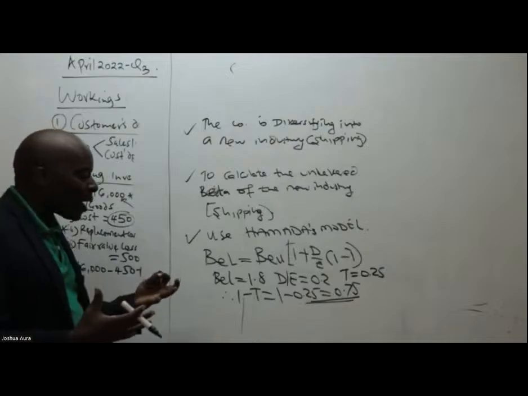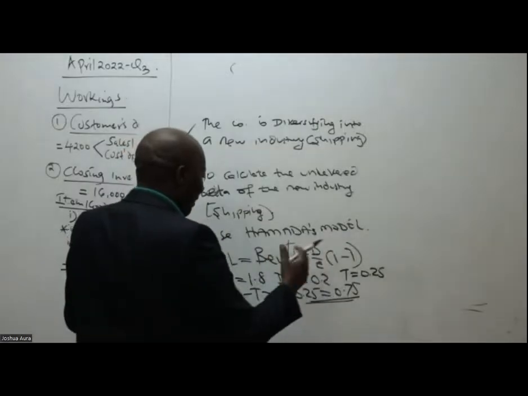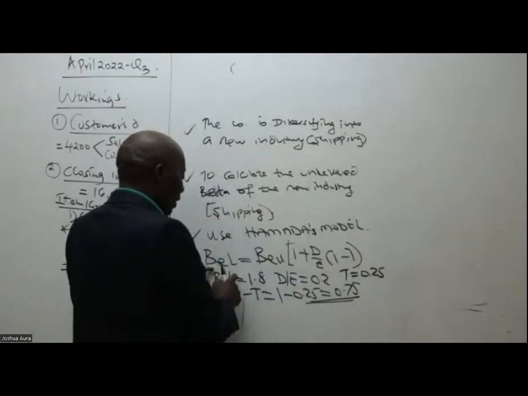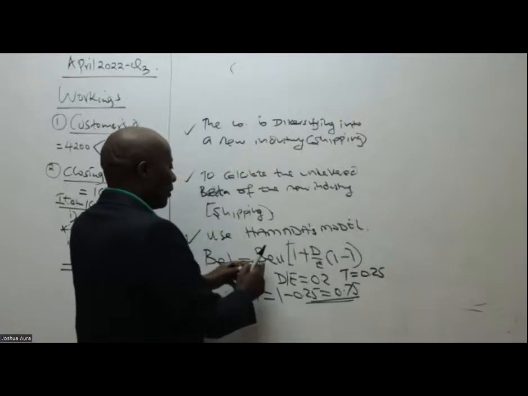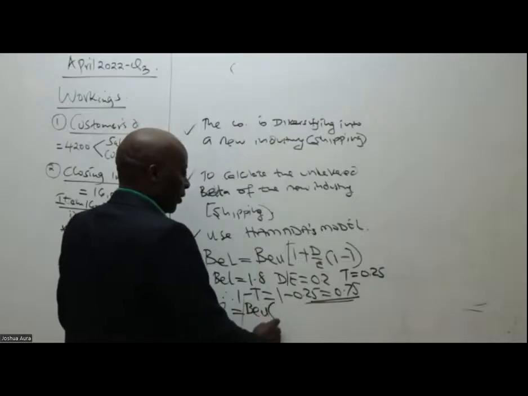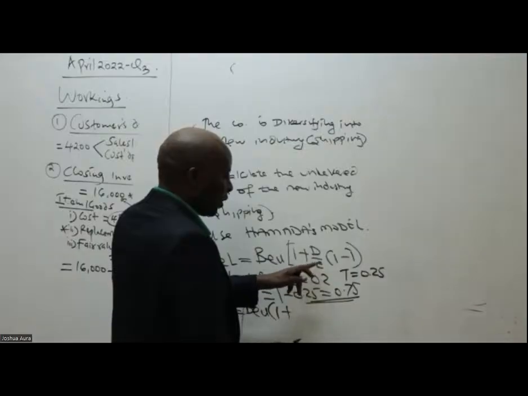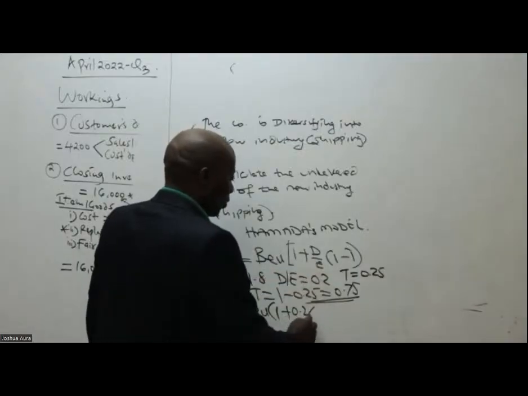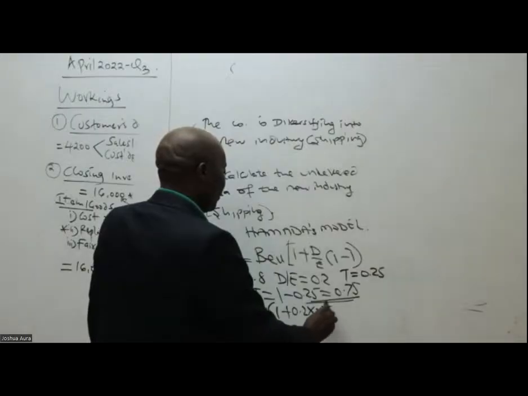Now, could you kindly plug in figures in this Hamada's model. So beta equity of a levered firm, here 1.8, equals beta equity of unlevered firm into 1 plus debt to equity, which is 0.2, multiplied by 1 minus tax, which is 0.75.